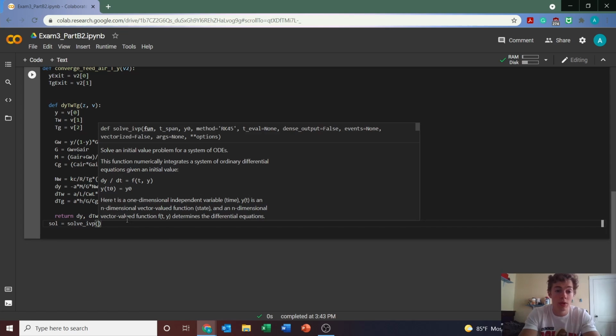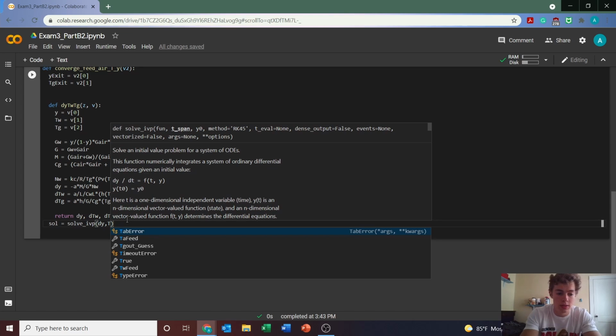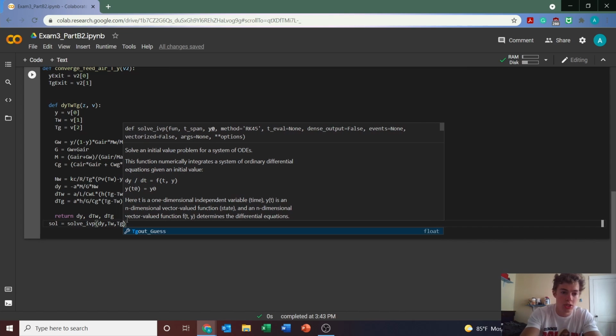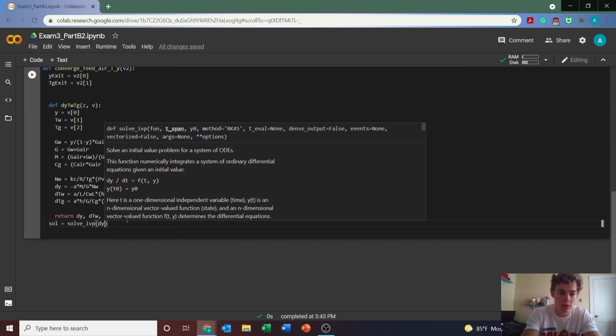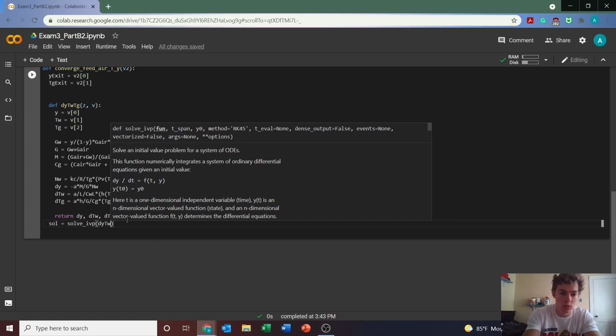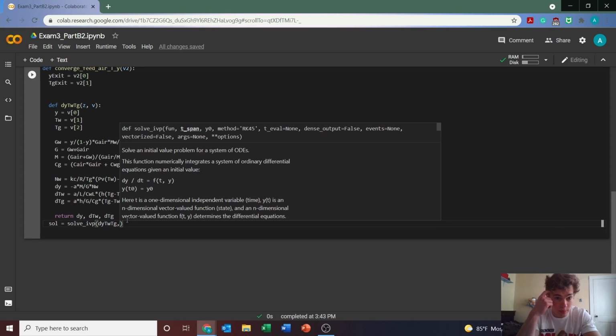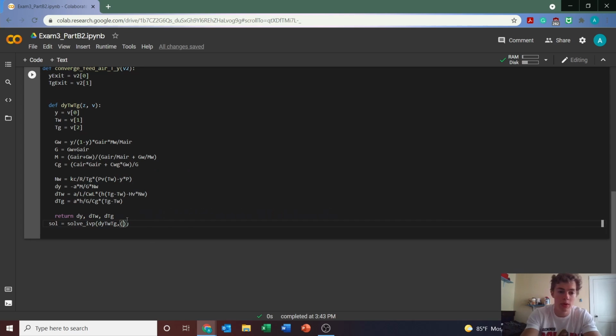And then it's going to want the function we're going to call. So we want to solve for dy, t, w, and tg. Oops, that's not what it's called. dy, t, w, no, tg. There we go. And it's going to ask for the span, and we want it running from 0 to the height again.